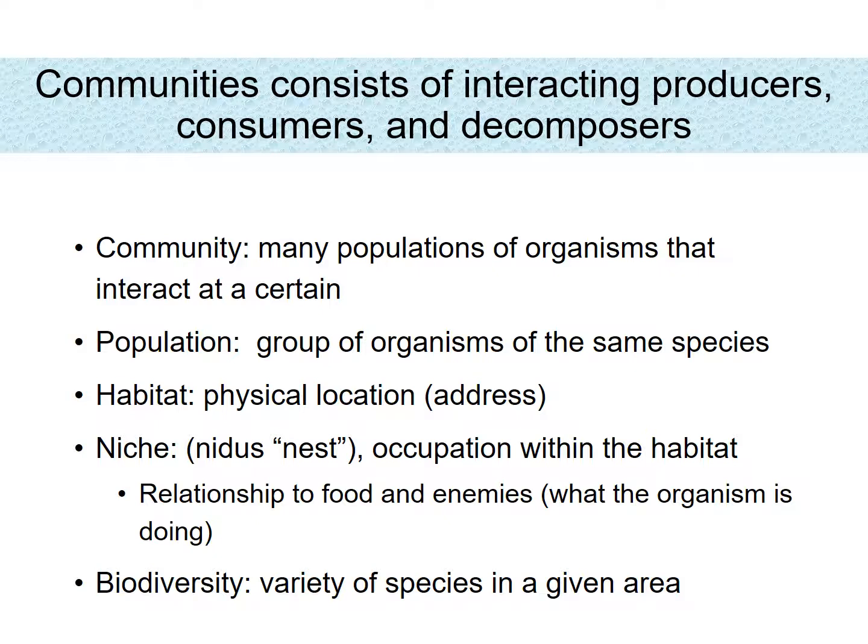And then biodiversity is a variety of species in a given area. Communities with high biodiversity, for example, would be a coral reef. They are characterized by complex interactions between and among residents.